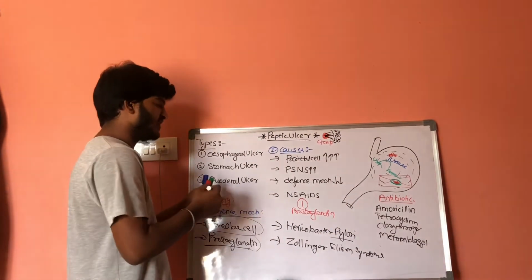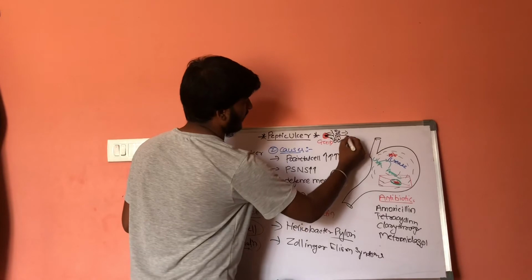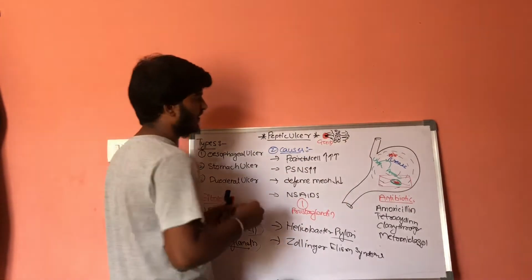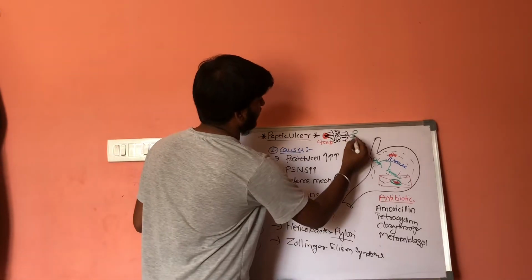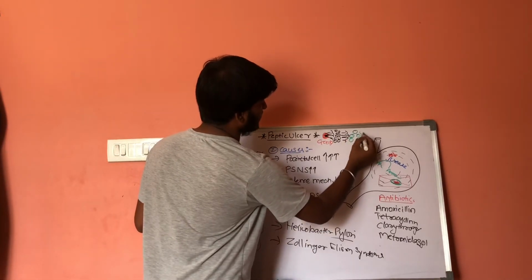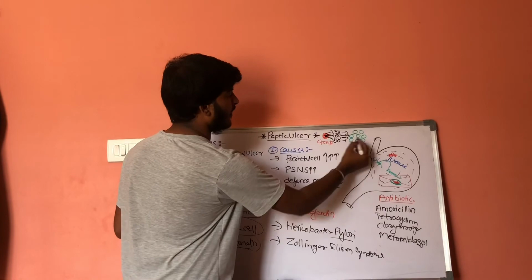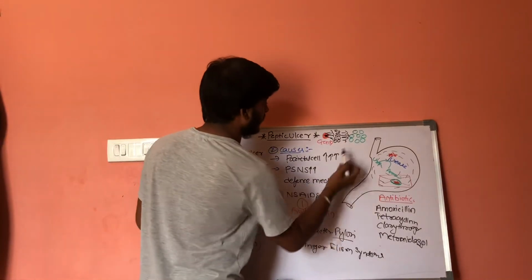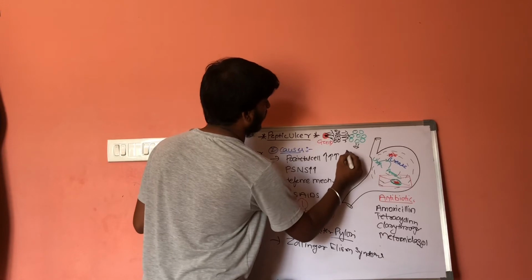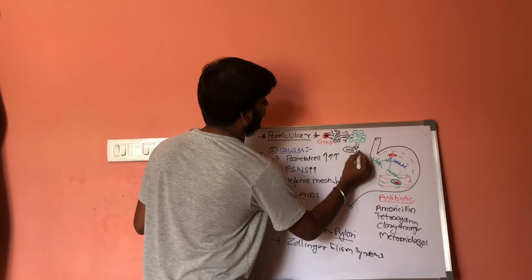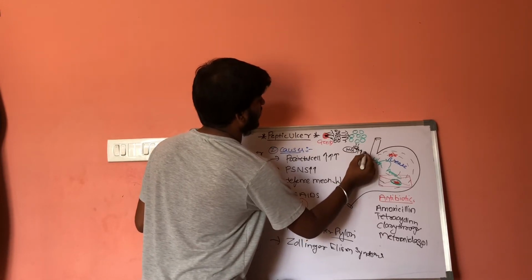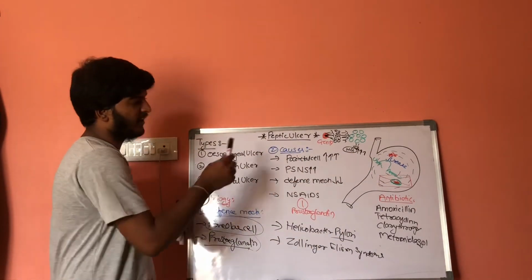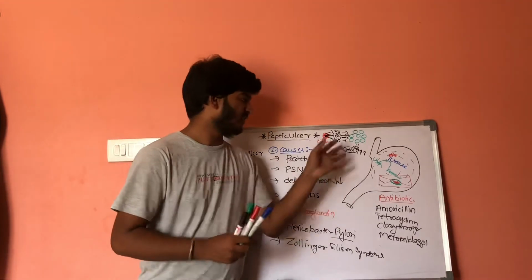This excessive secretion of gastrin will work on many parietal cells. As a result, there will be more secretion of HCl, and it results in ulcers.